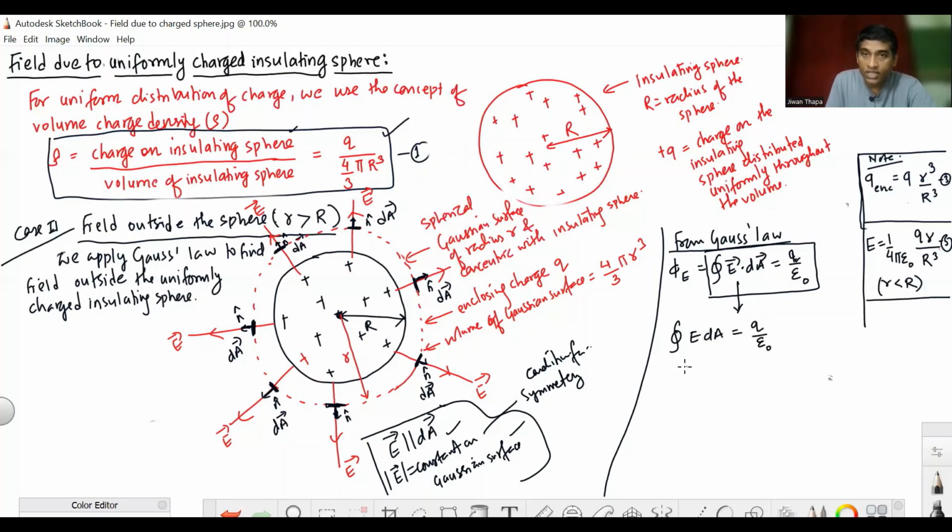E is constant, so we can take it out of the integral. Now this integral gives the total area of the Gaussian surface, which is 4 pi r square.